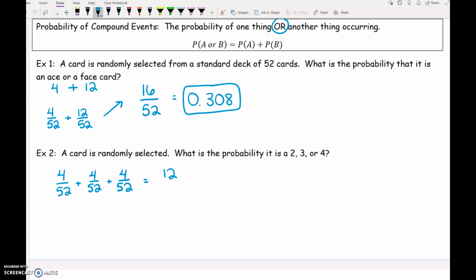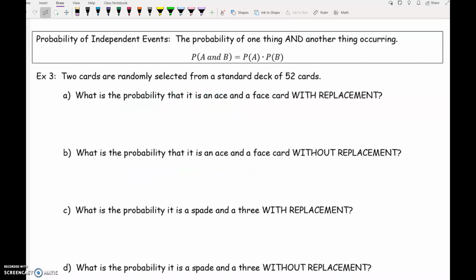So there's 12 out of 52 ways that this could happen, which is 0.231. So compound events really isn't anything very new. Count up the number of things out of your total number of options.